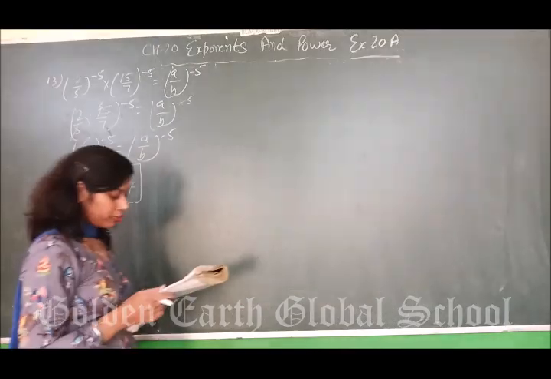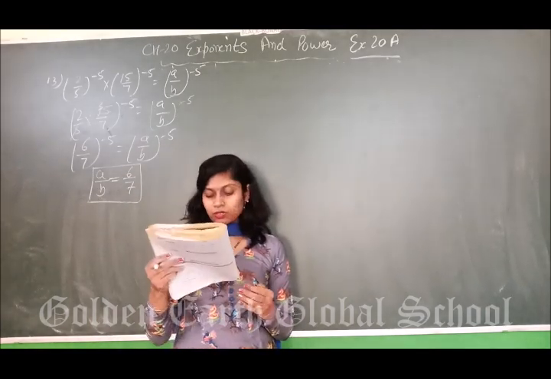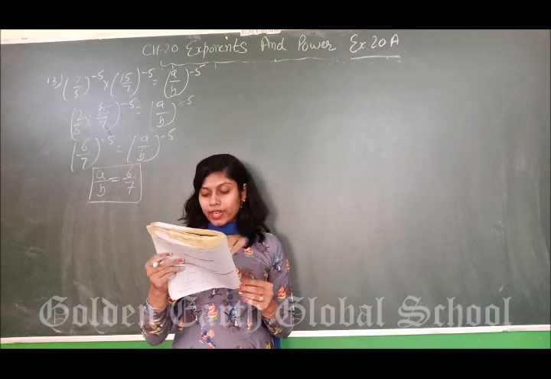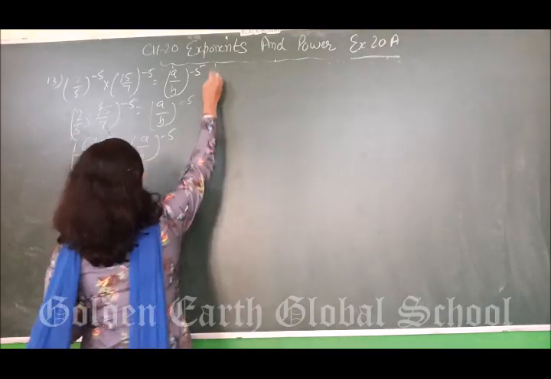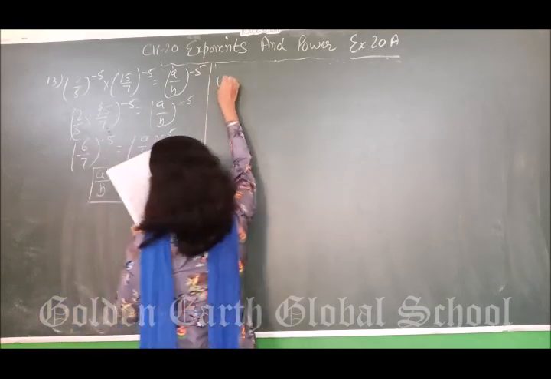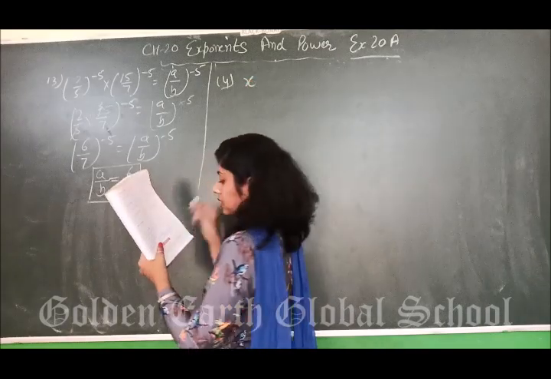Next question number 14. By what number should minus 1 raised to power minus 1 be multiplied so that the product will become this? First we understand the statement. By what number? We will choose the number x.